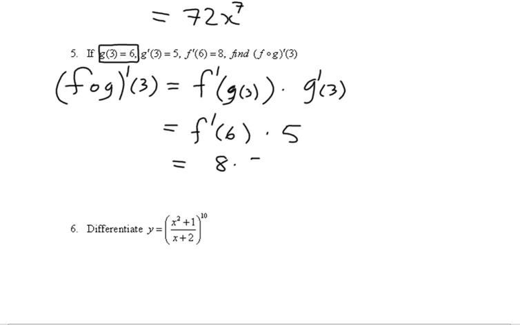It's 8. So a couple of steps there. We needed, first of all, g of 3, which was 6. Secondly, we needed f prime of 6, which was 8. And then thirdly, we needed g prime of 3, which was 5. All of them were provided.